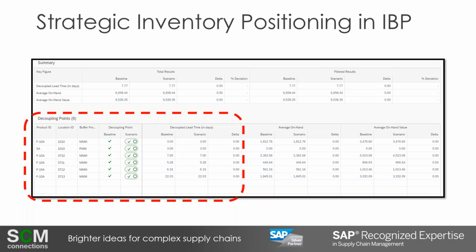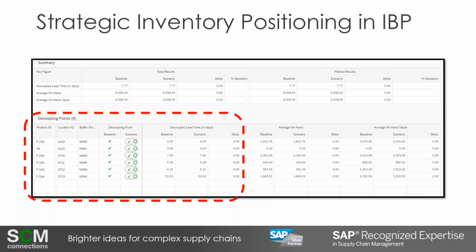So these buffer levels are recommended based on the decoupled lead time, which you can see here in the web interface. We have a decoupling lead time here for material F10A at location 1010 of 3 days.